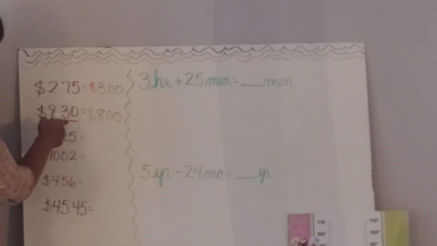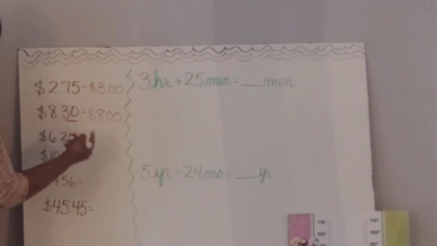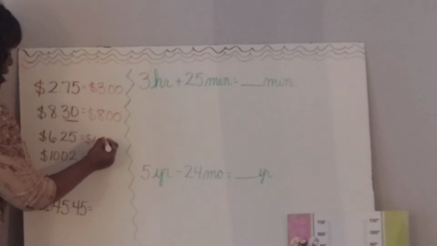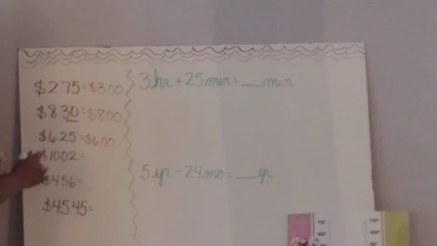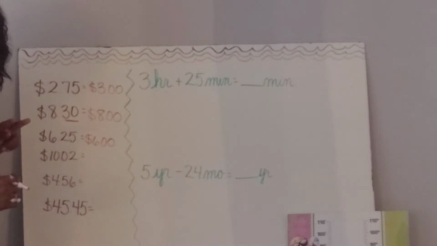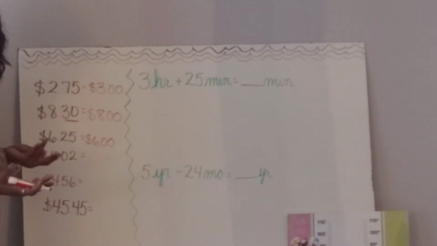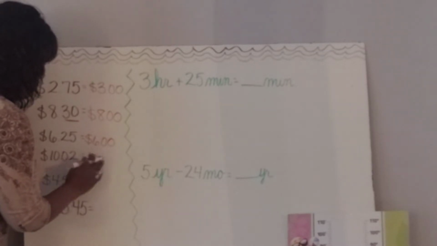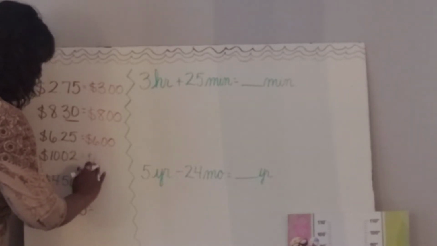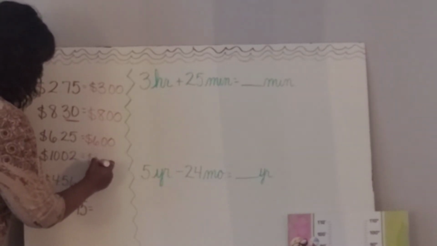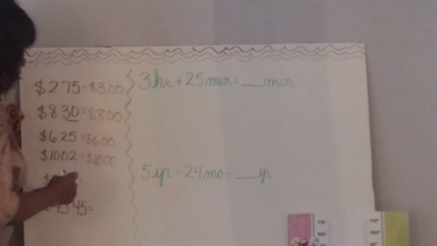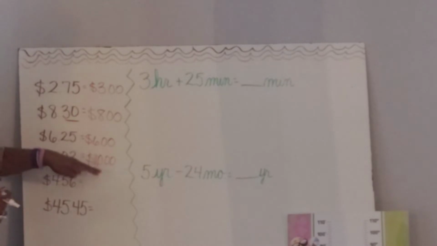Well, obviously, 25 is even less than 30, so it's going to go down to $6. $10.02. What is it closest to? Obviously, it's closer to $10. Whoa, told you it's going to be a mistake day. $10, not 11. So it's going to be between $10 and $11.